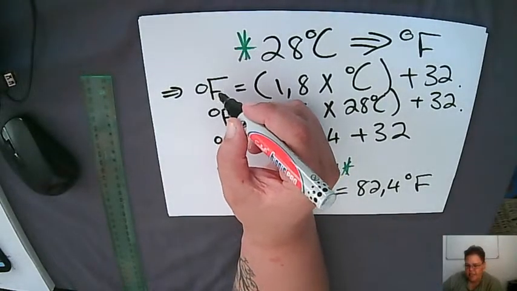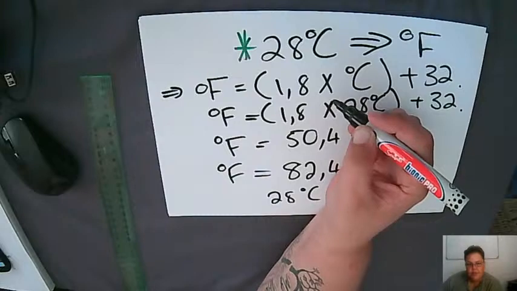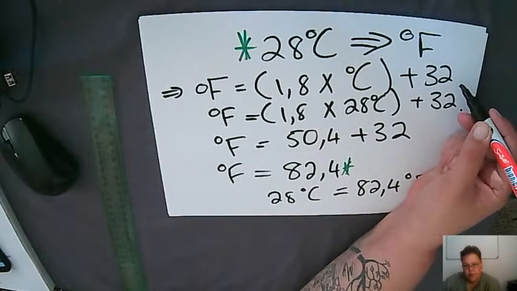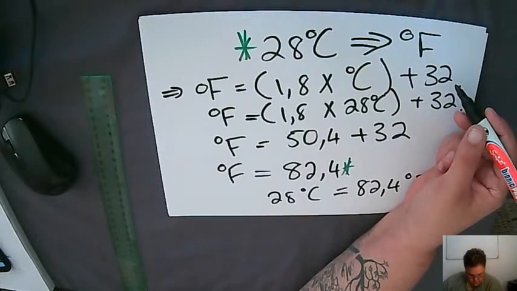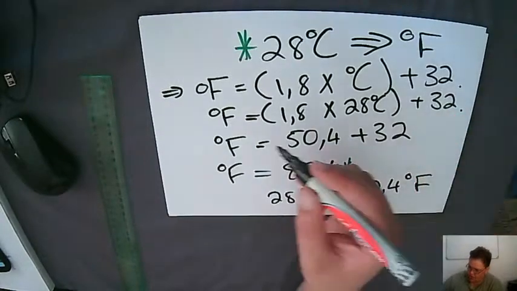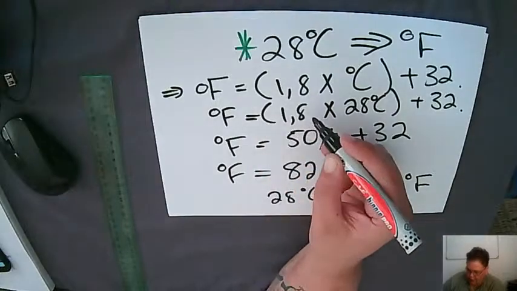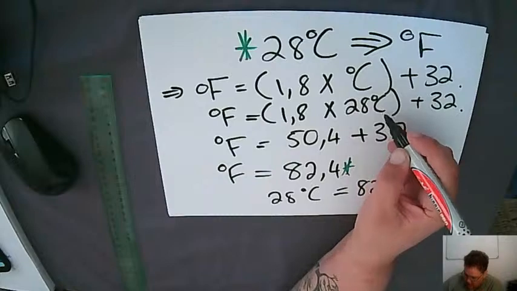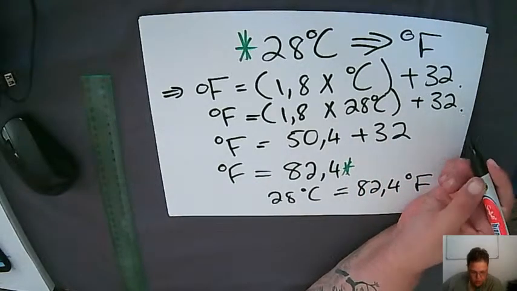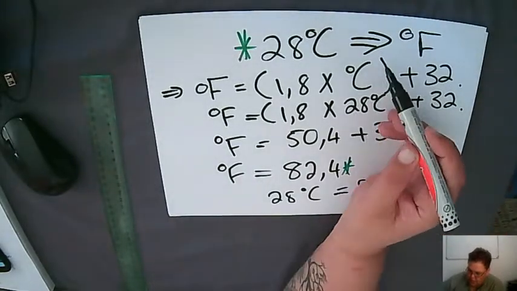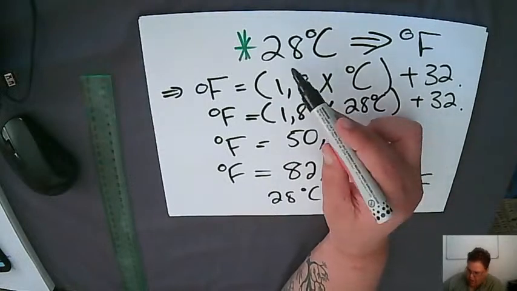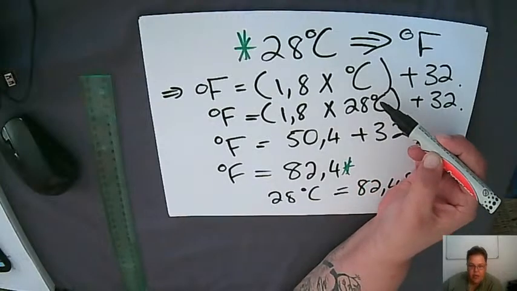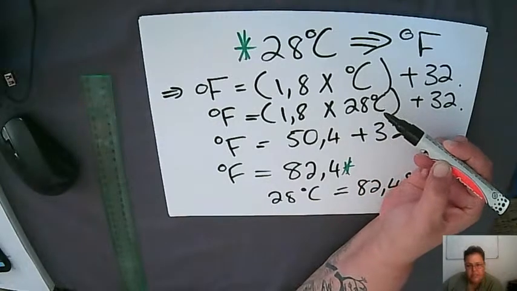Degrees Fahrenheit equals 1.8 multiplied by the degrees Celsius plus 32. So degrees Fahrenheit equals 1.8, which is from the formula, multiplied by 28 degrees Celsius plus 32. What we're doing is we're just putting the information that we didn't have, slotting it into the bracket to make the formula workable. Do you understand, Whitney?